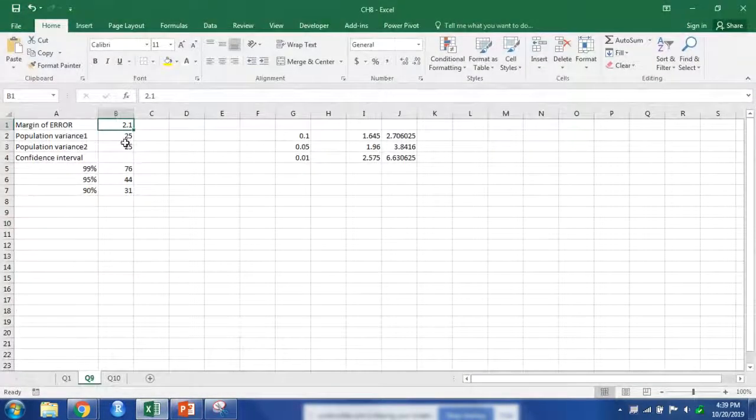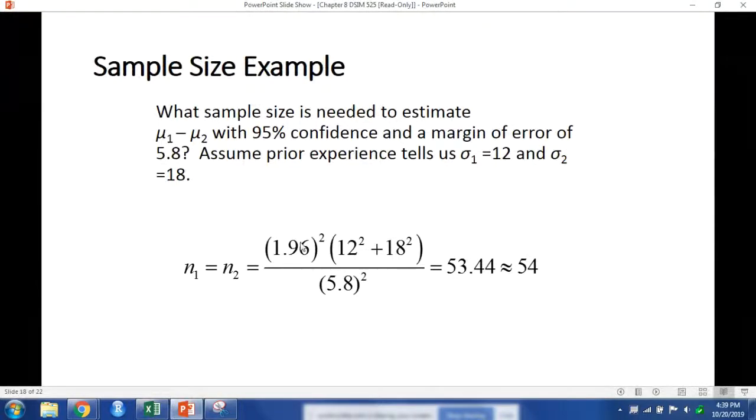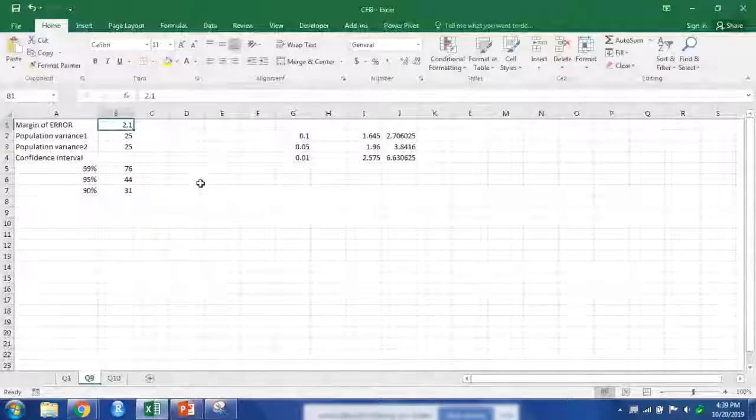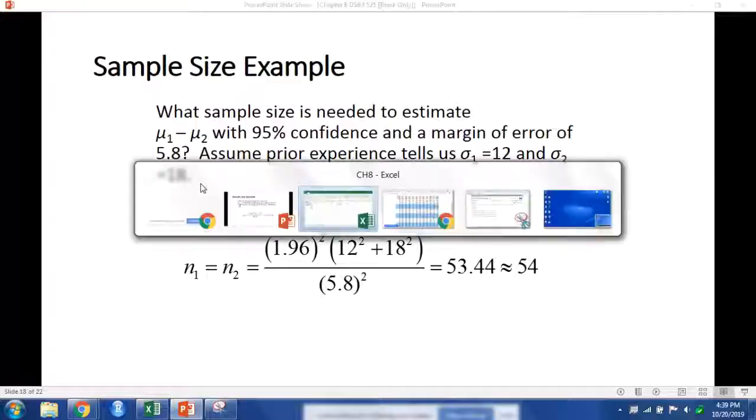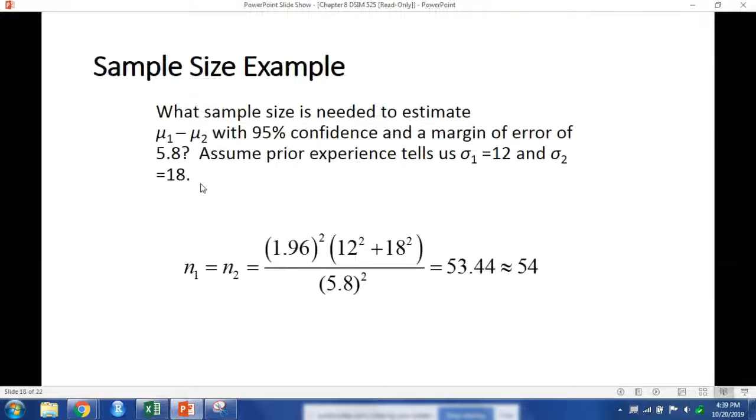So we have a margin of error, I think it was 5.8. Variance 1, variance 2. Let's see. 12 squared.